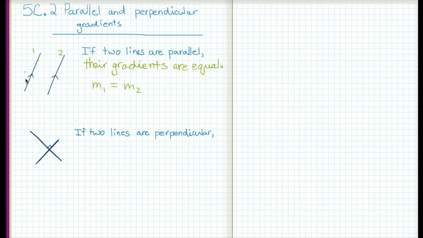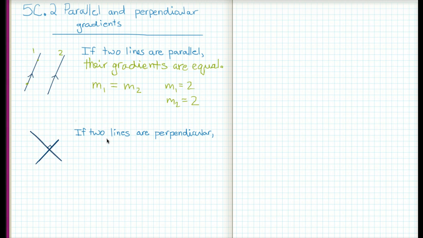I can count a change in the vertical direction, 1, 2, 3, 4, and a change in the horizontal direction, 1, 2. So 4 over 2, that means the gradient of line 1 is approximately equal to 2. So if I needed to know the gradient of line 2, without even figuring it out, since it's parallel to line 1, it's also going to be approximately 2, assuming they're perfectly parallel, which they may not quite be. Okay, but that's the theory behind it there.